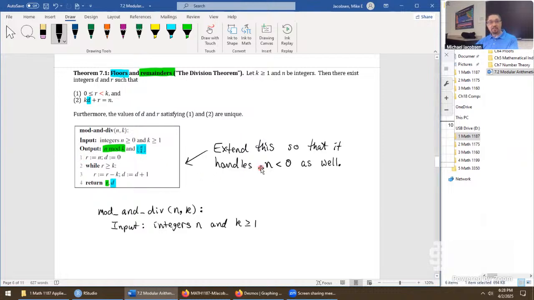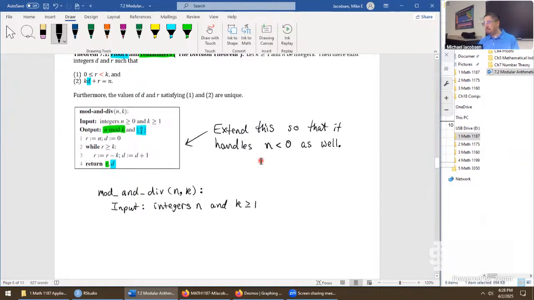Now, first thing we'll do is handle the new case, negative n. So maybe what we should do first and foremost is an if-else structure. Let's go if. Let's make this be the positive case: n greater than or equal to 0. We'll do this block right here.